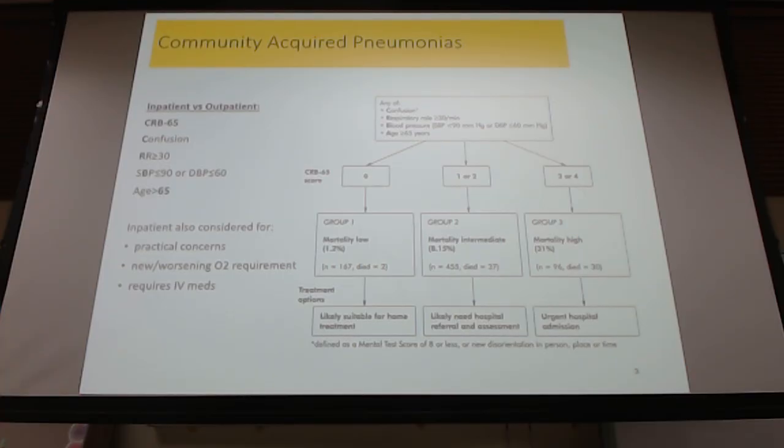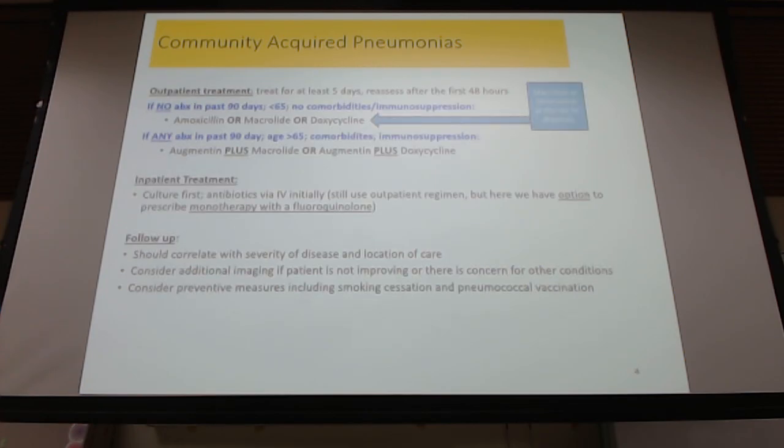If they're 75 and they're confused and they're tachypneic and tachycardic and they're hypotensive, you're going to want to hospitalize them. If they're 25, otherwise healthy, sats are good, blood pressure's good, this is probably someone that you could disposition home. So knowing what those stand for, so that you can identify them in a patient description. Outpatient treatment.